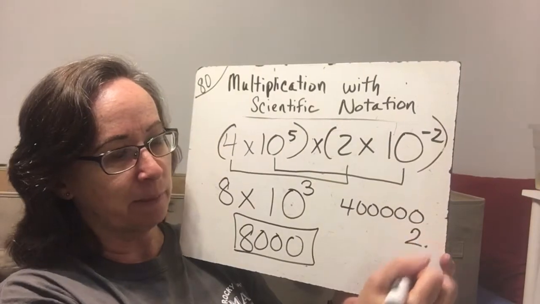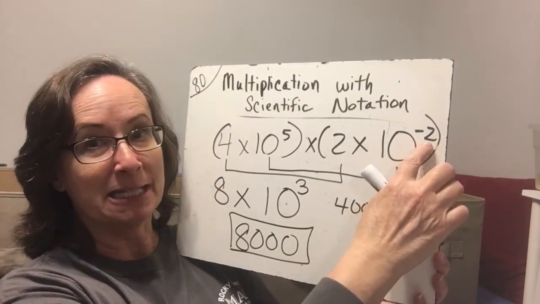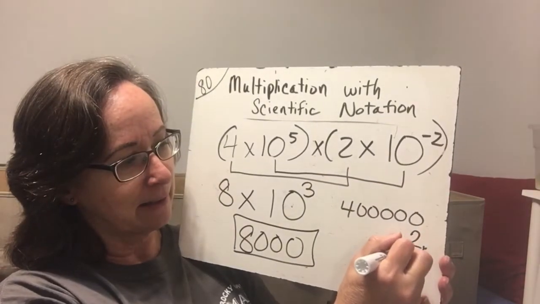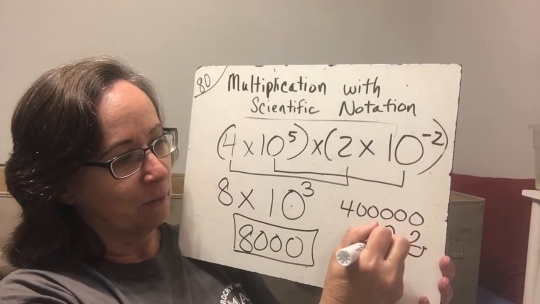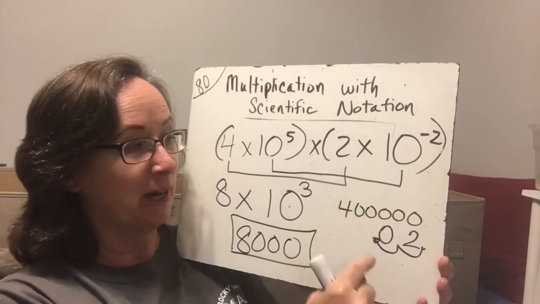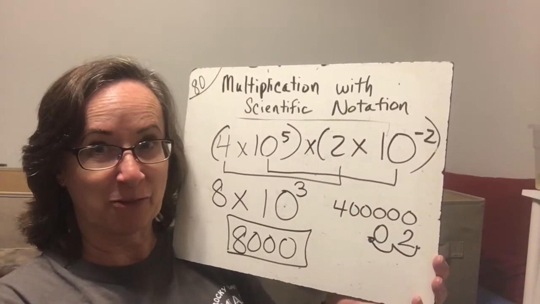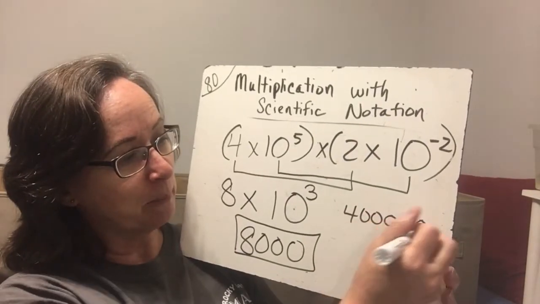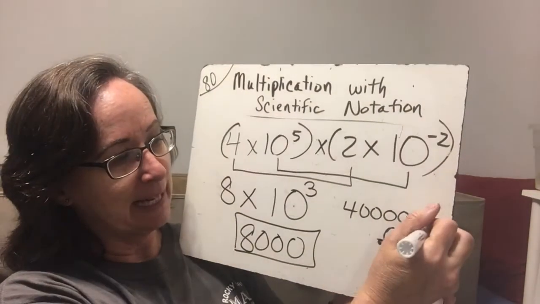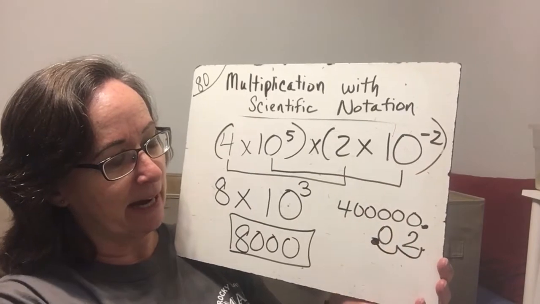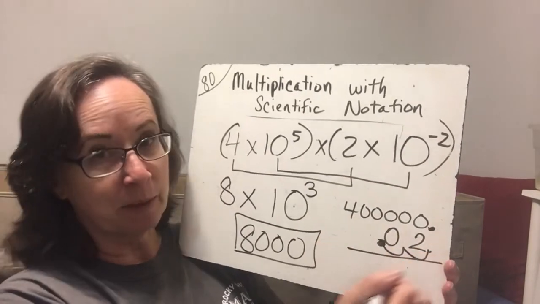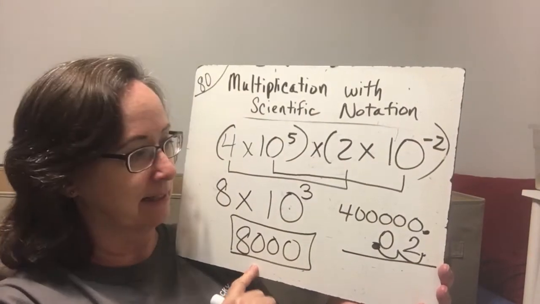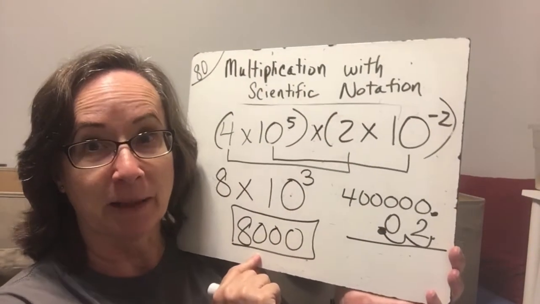See, there's my decimal place, but then my decimal place moves 2 to the left, which means 200ths, like we had in a fraction form just a second ago. And so now when we multiply, we're going to put the decimal there. So now we're going to multiply them together and see if we get 8,000. It's just going to take us a little bit longer.